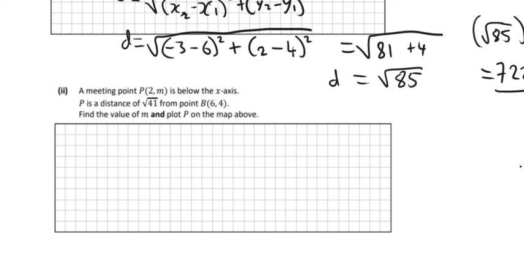So a meeting point 2m is below the x-axis. So P is a distance of root 41 from 6,4. So find the value of m and plot the point P. So what they're telling us here really is that from the point 2m to the point 6,4, the distance is root 41, so that it takes root 41 to get there.